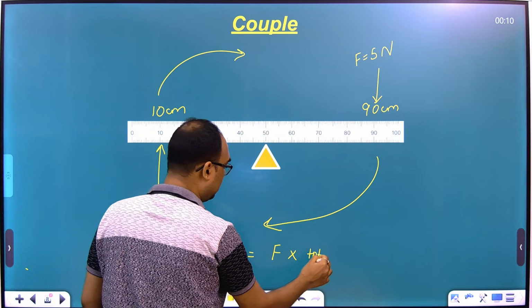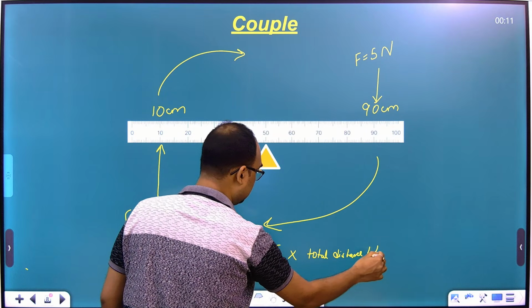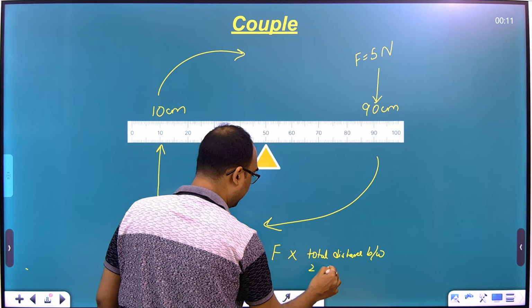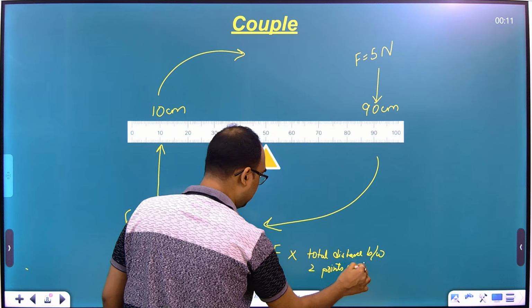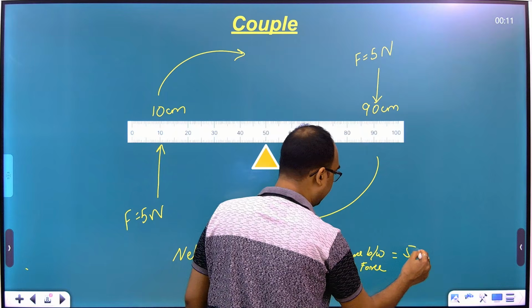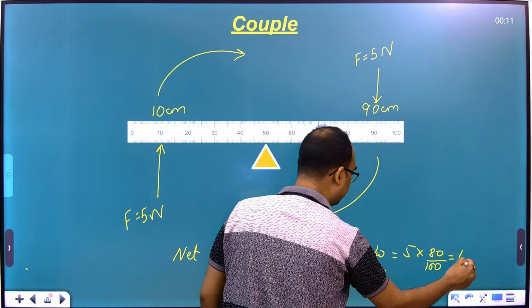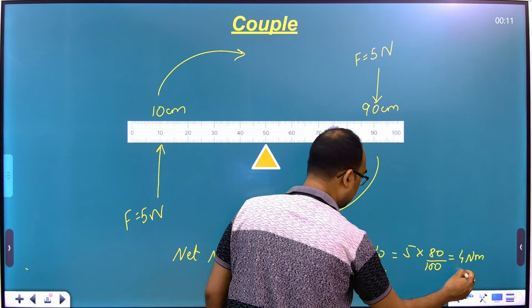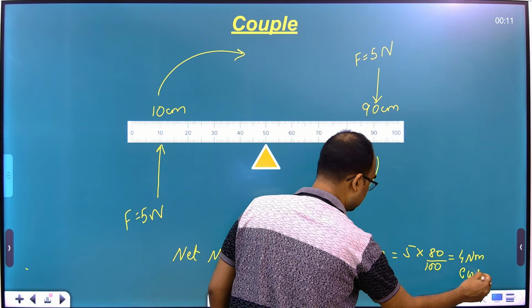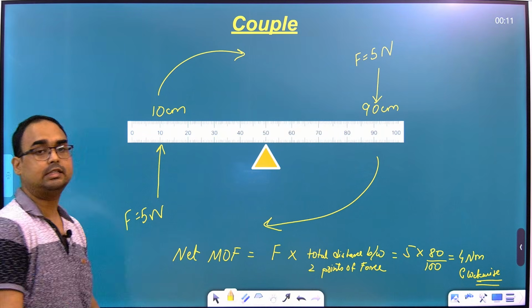I will write here: total distance between two points of force. According to this formula, it's going to be 5 into 80 by 100, that's 4 Newton meter, clockwise. Make sure you write this direction in the exam to get full marks.